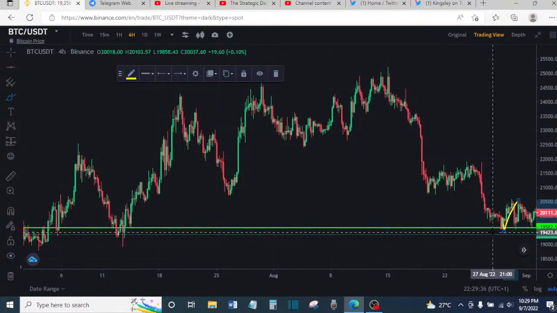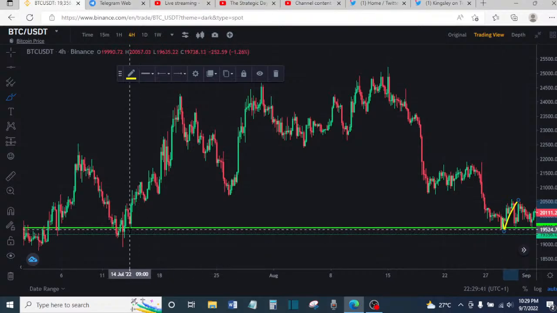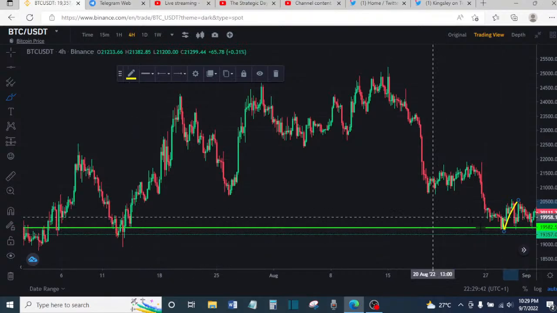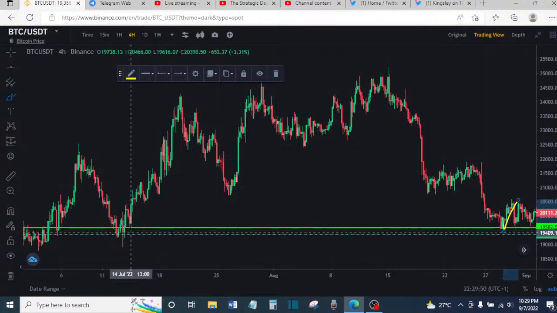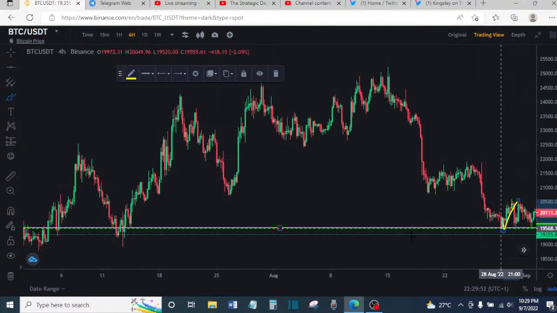So even though they took out this double bottom, the takeout is very slight, so it approximately made this point here become a hardened bottom for this double bottom here.